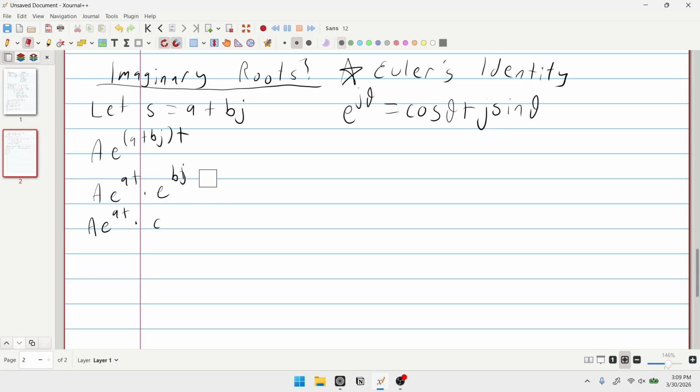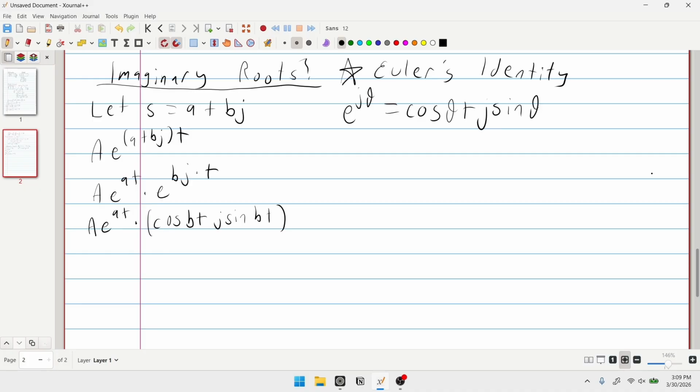Let me just erase that. j times t, right? We actually get cosine bt plus j sine bt. And so you'll see here we have a sinusoidal component, right? That means if our roots are complex, we will have a sinusoidal looking form for our solution.